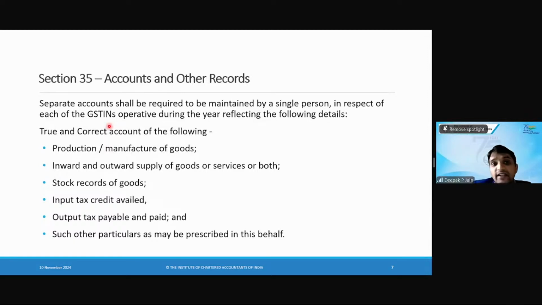Input tax credit availed. This is a requirement not under section 16, because section 16 does not say you have to maintain an input tax credit register, but section 35 says that whatever input tax credit you are availing has to be maintained in a register. That is called the input tax credit register.